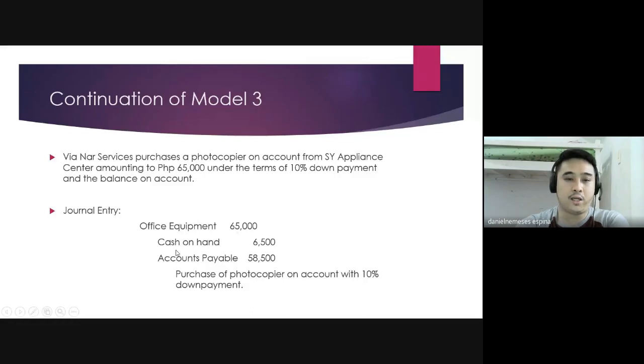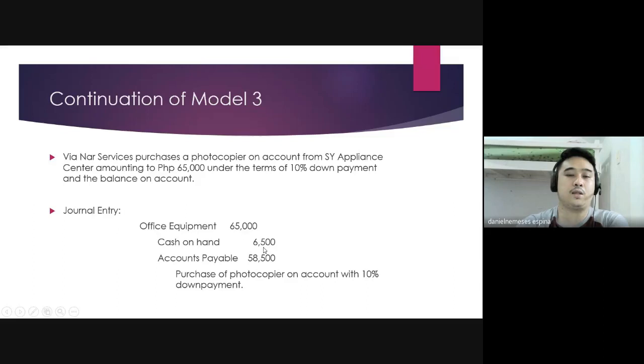So notice, di ba si cash is an asset account? Pero nganong nag-credit man ta sa cash on hand? It is because nakuhaan og kwarta ang business. Okay, nagbayad man ka. So therefore, makuha sa cash ang business by 10% sa 65,000.